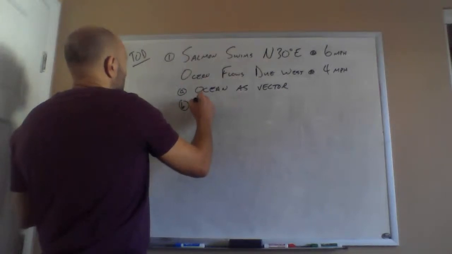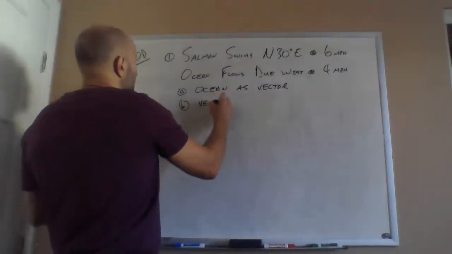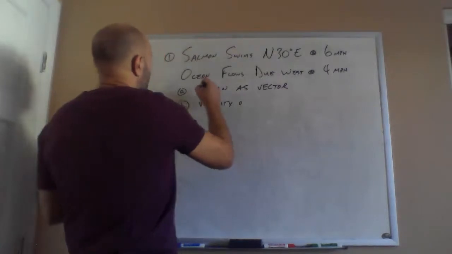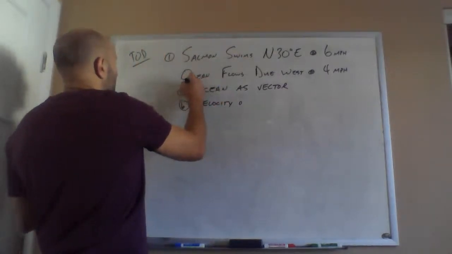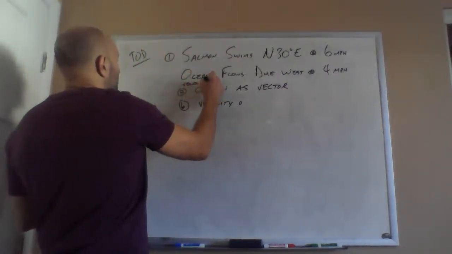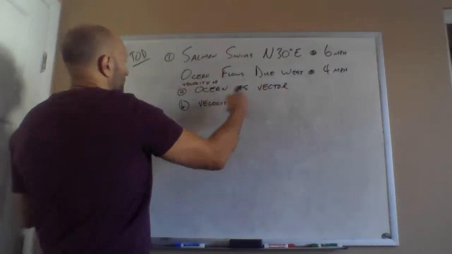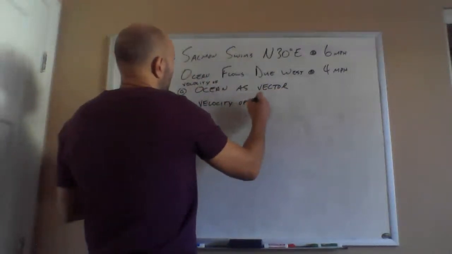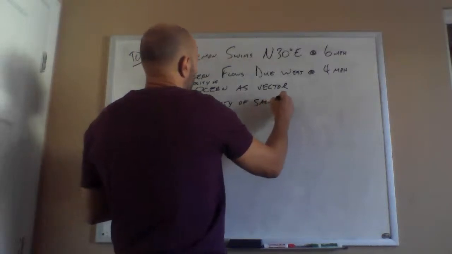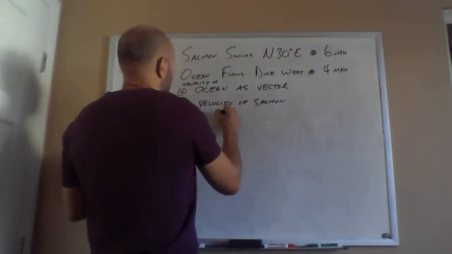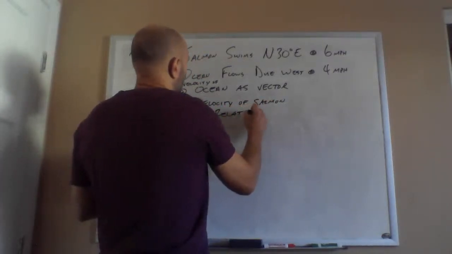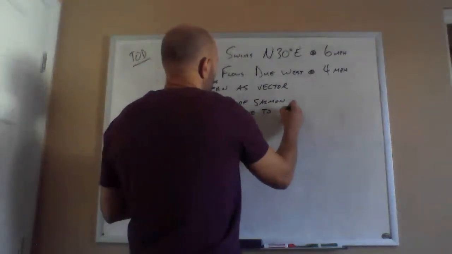Find the velocity. So the velocity of the ocean as a vector. Velocity of the salmon relative to the ocean.